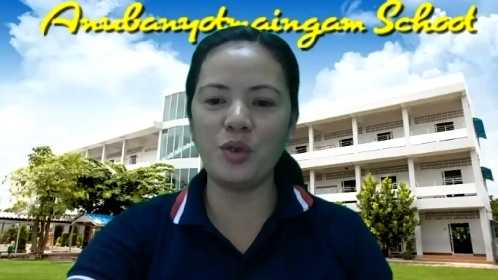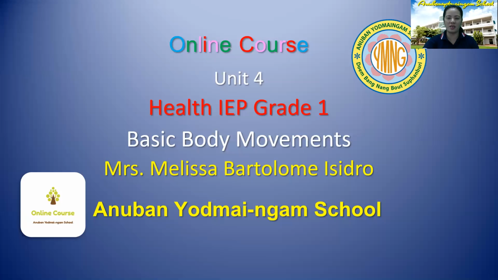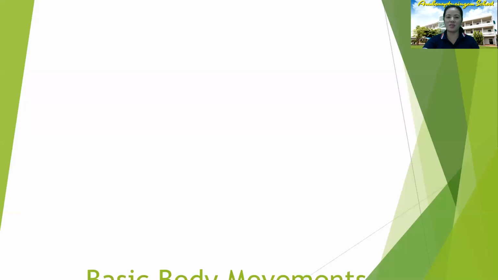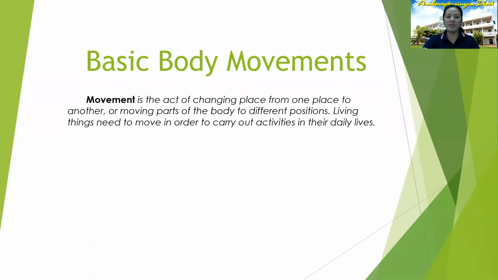So let me show you our discussion. So we are now in Unit 4, which is the basic body movements. What are the basic body movements? Movement is the act of changing place from one place to another, or moving parts of the body to different positions.